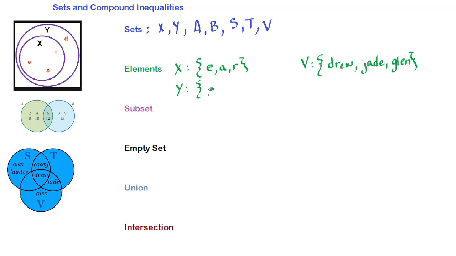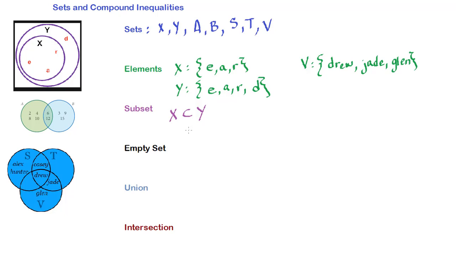So Y has the E, the A, the R, but it also has a D. So looking at the notation, since X is inside of Y, I would say that X is a subset of Y, and that notation right there represents subset.